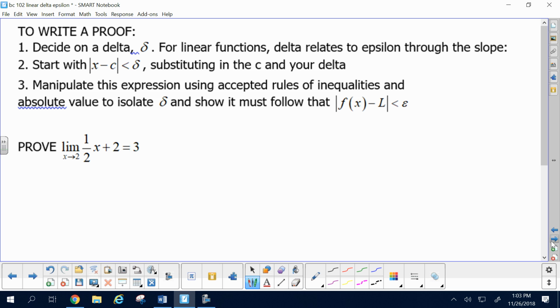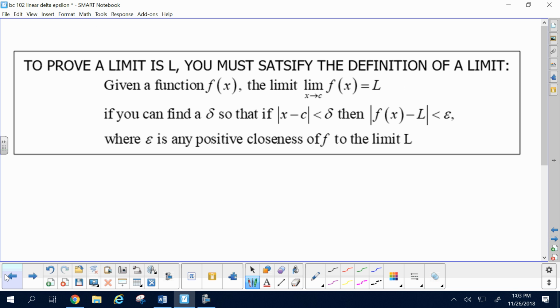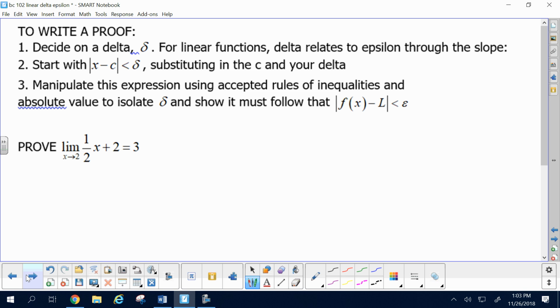It's not a calculation. We're not doing a table. We're not doing a graph. It's a proof. And so you're trying to show that the definition of a limit is satisfied. The limit is L because the very definition of what a limit is has been satisfied. And it goes like this. You first identify, based on the slope, what delta is for this problem.